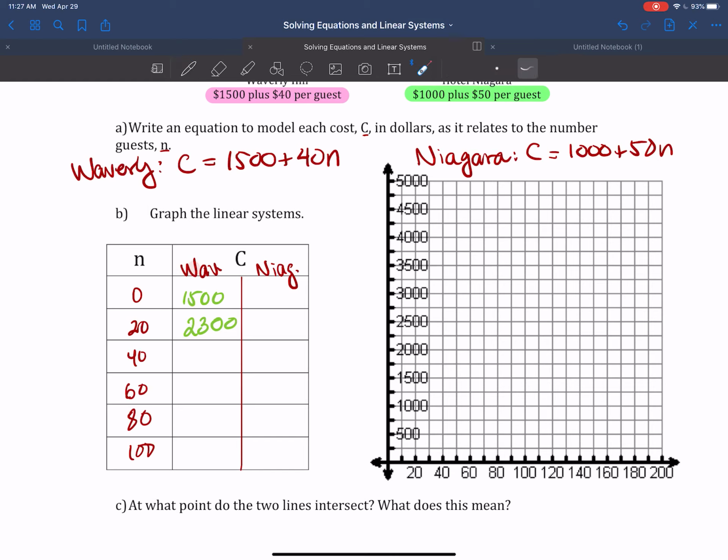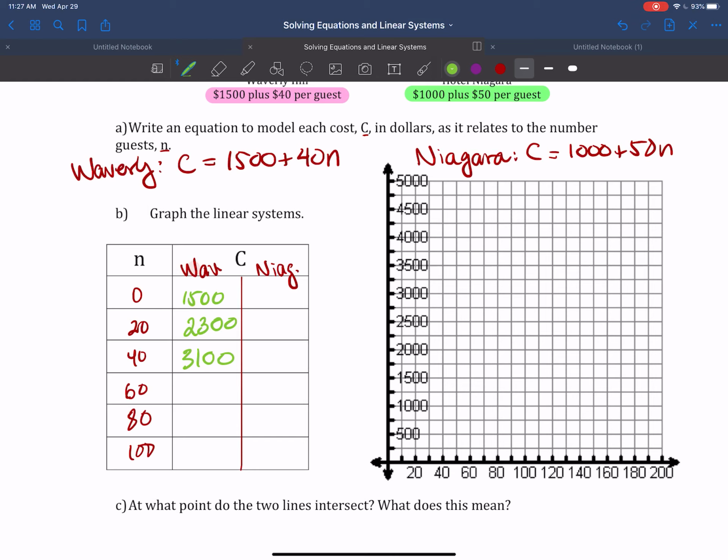Now to figure out the next, I would take 40 and plug it in for n. So we're multiplying 40 times 40 guests is 1,600 plus 1,500 is 3,100. Okay, you can see that it's going up by the same amount, right?